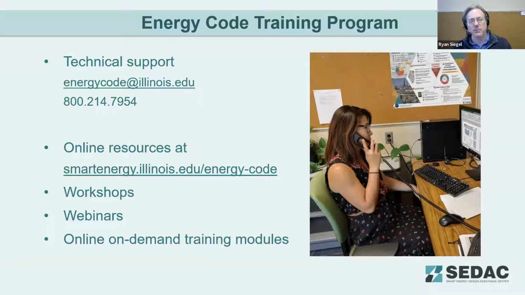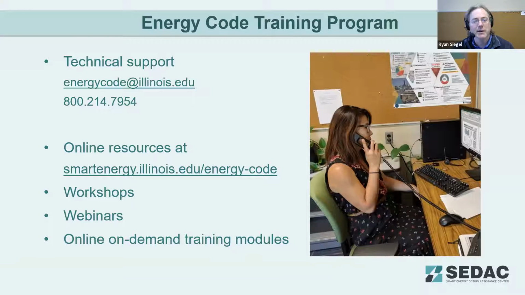As part of our program, we do offer technical support assistance through our email address, energycode@illinois.edu. So if you do have code questions about the state's energy code, a particular situation that you're running into, does this comply? Does it not comply? How do I make this comply?